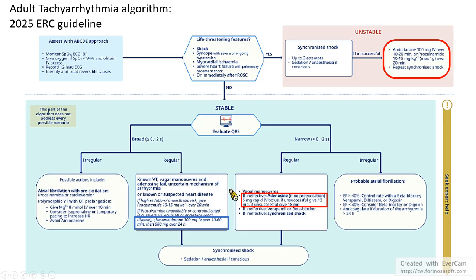And if a patient has a stable tachycardia and a narrow QRS interval, if that is regular, then consider vagal maneuvers first. If the patient does not respond to the vagal maneuver, then the medication to consider is adenosine, with the first dose as 6, then 12, and the third as 18 milligrams suggested here.